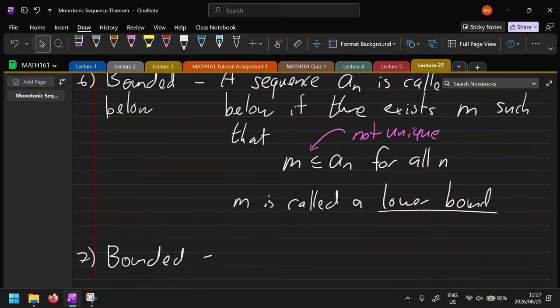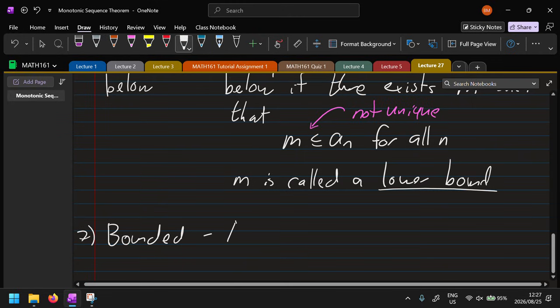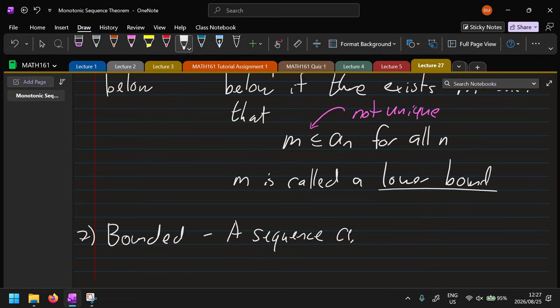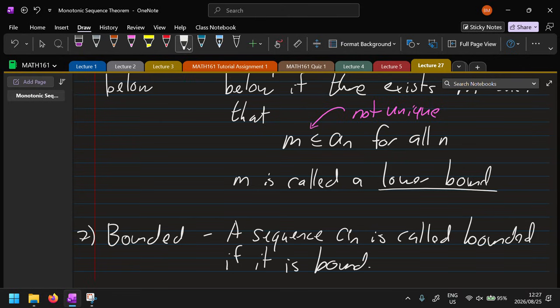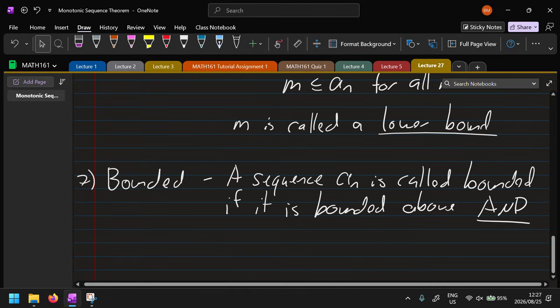It's three things. A sequence a_n is called bounded if it is bounded above and it is bounded below.